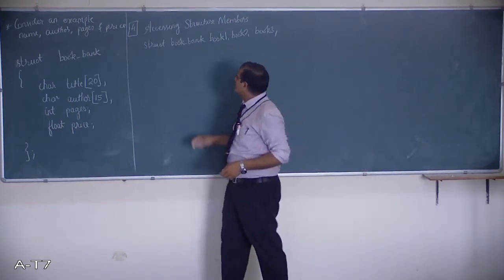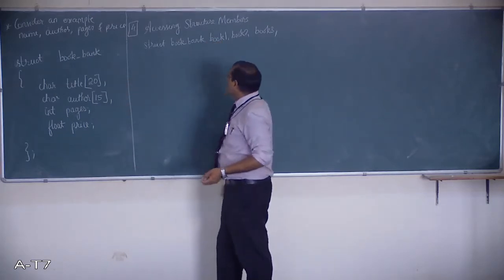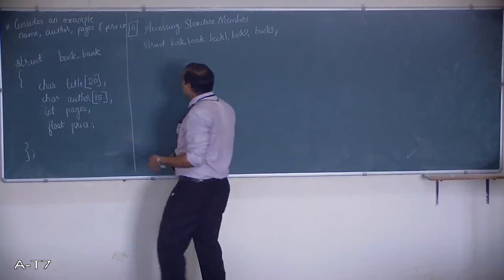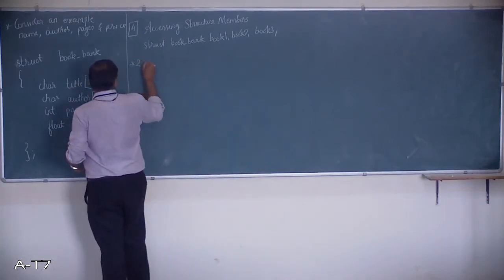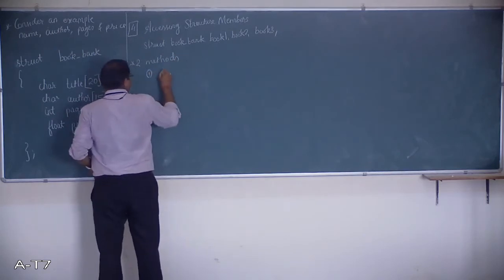Every variable has 4 members allocated to it. So now how to access this? There are 2 methods. The first one is using a dot operator.